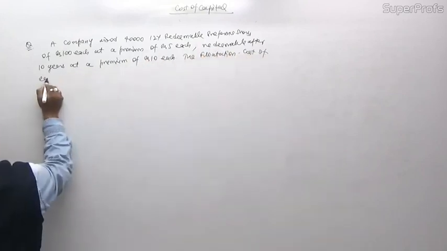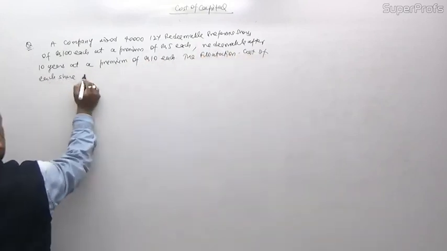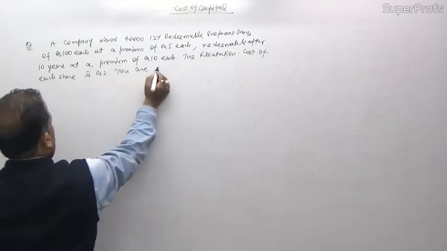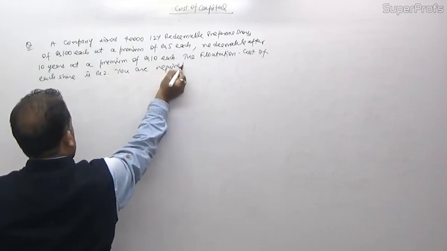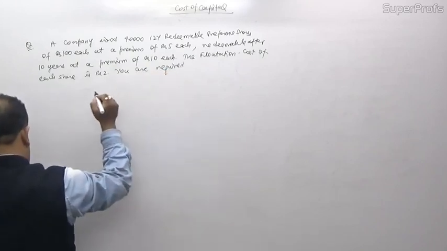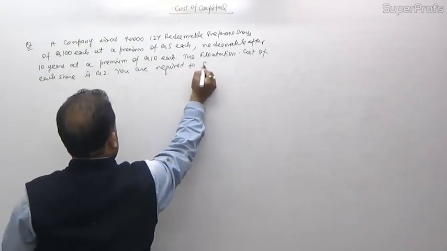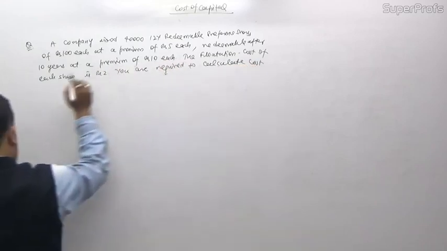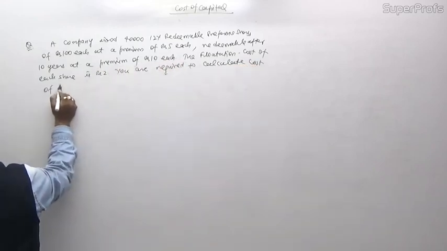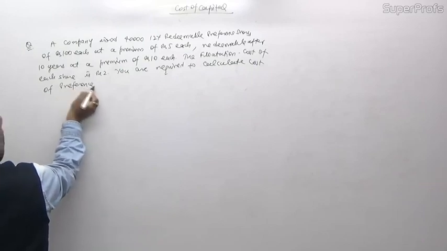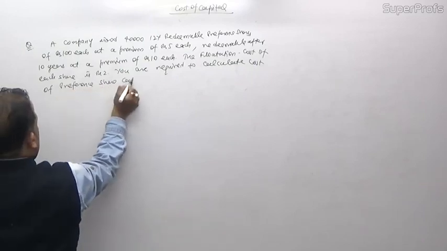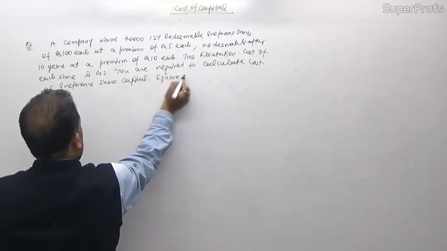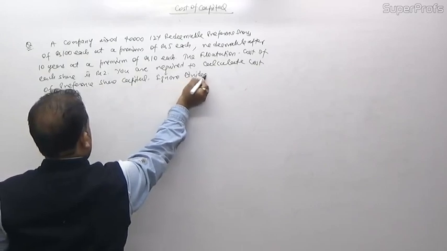of each share is rupees 2. You are required to calculate cost of preference share capital, ignore dividend tax.